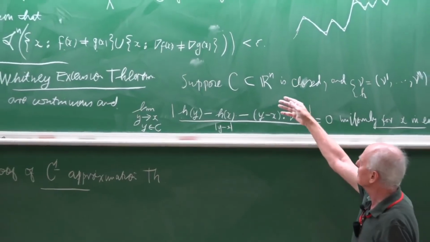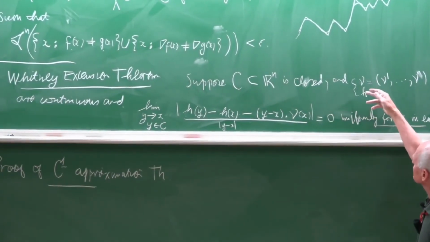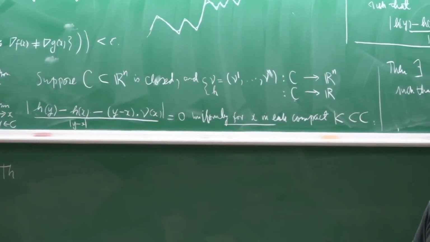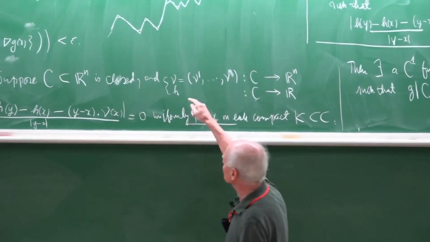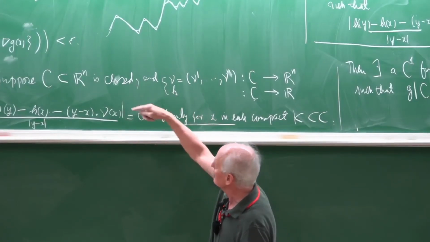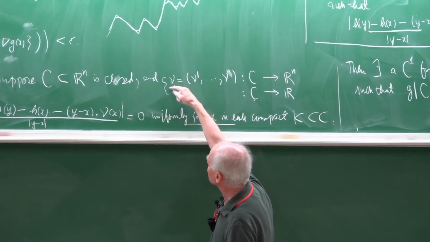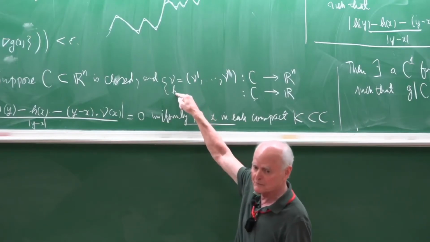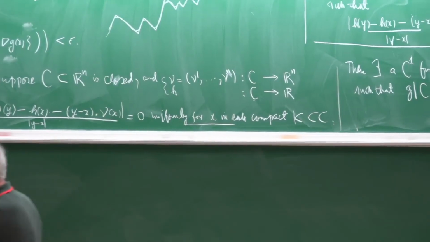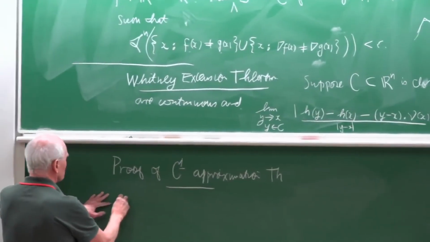We've got to cook up a closed set C and also a vector function and a scalar function which satisfy those hypotheses. And since we want to get this result for f, we would want to cook up our function h so that it was the same as f, at least on the set C. So that's sort of the idea of the proof. So we're going to try to do that.